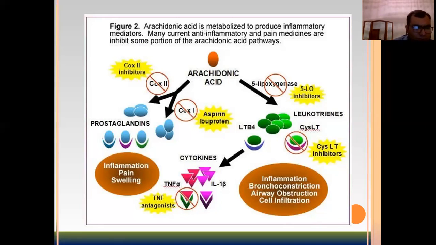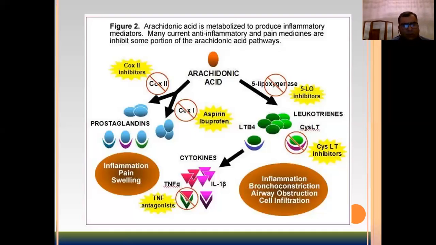Several medicines like nimesulide and celecoxib just inhibit cyclooxygenase 2 and have no effect on cyclooxygenase 1.